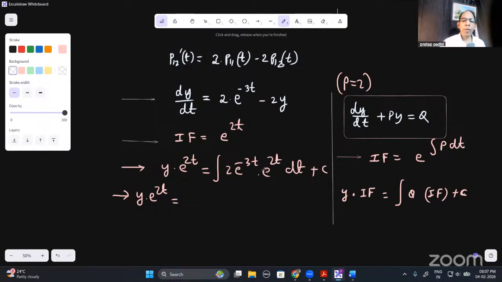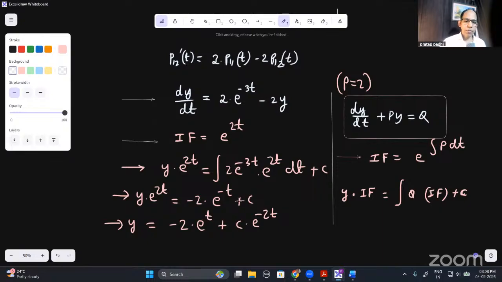We have anyway e power minus t. You need to integrate. So 2 e^-t, again minus 1 you will get, plus c. So my y will be equal to e^-2t, you can take here minus 2, that will be e^-t plus c e^-2t.